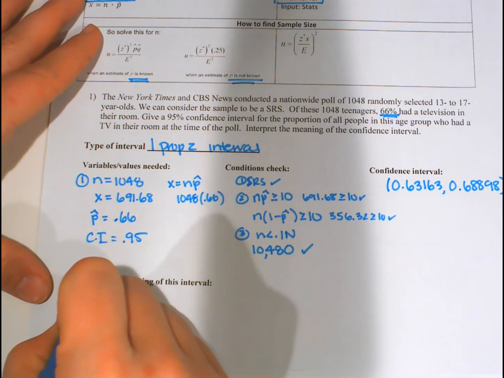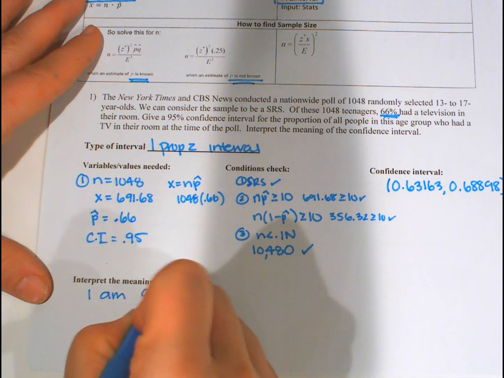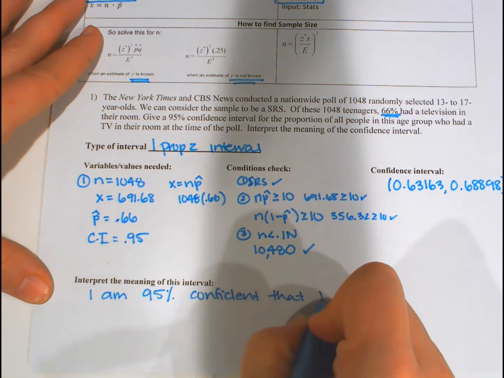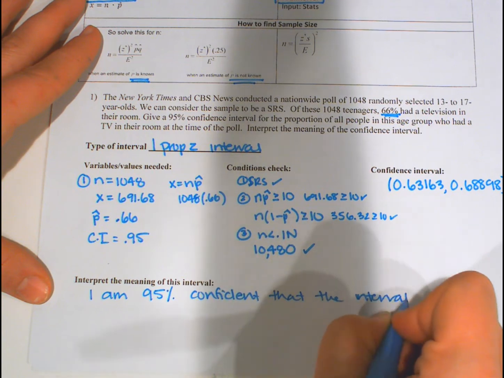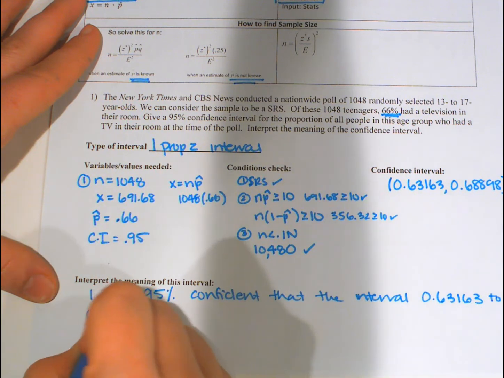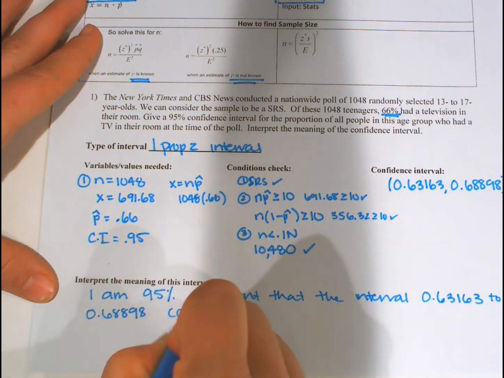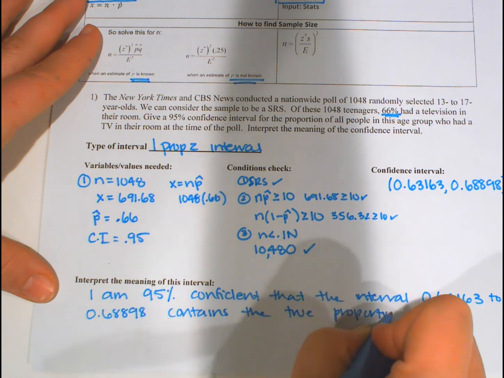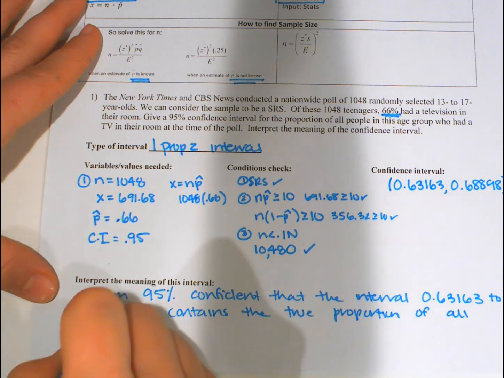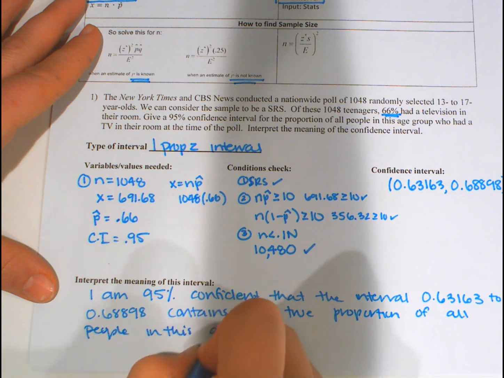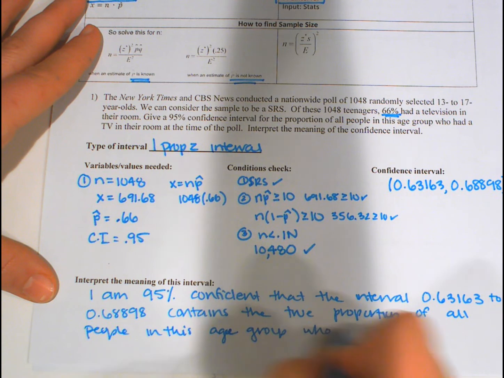So I'm going to say I am 95% confident that the interval 0.63163 to 0.68898 contains the true proportion of all people in this age group who have TVs in their room.